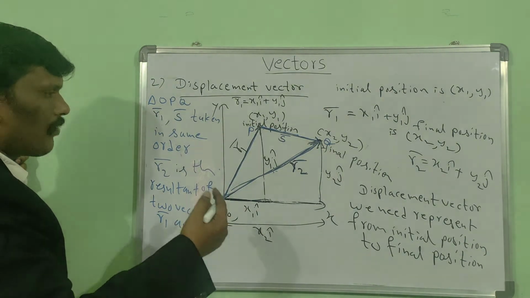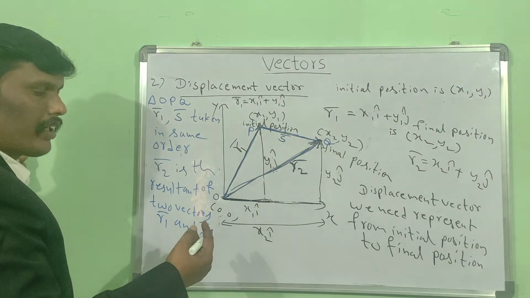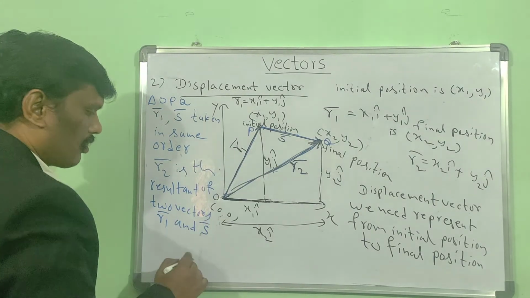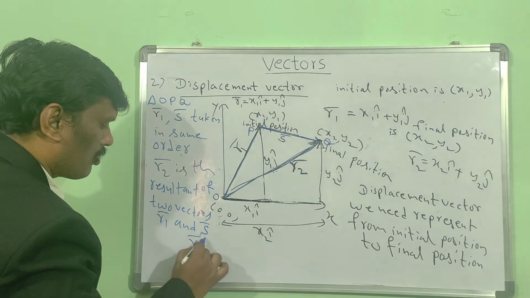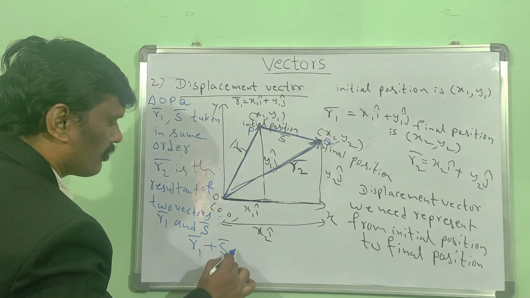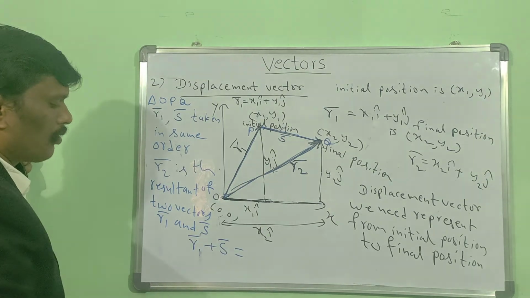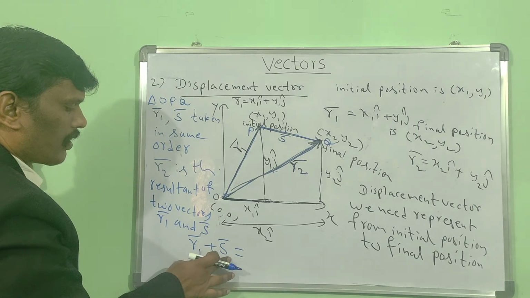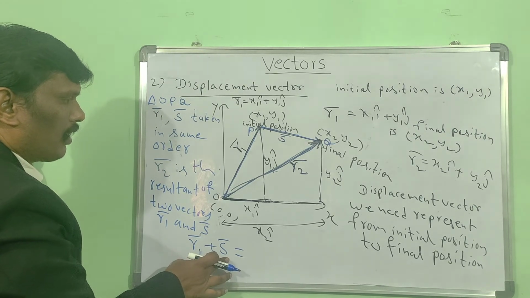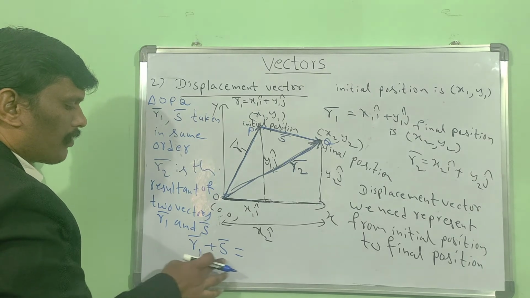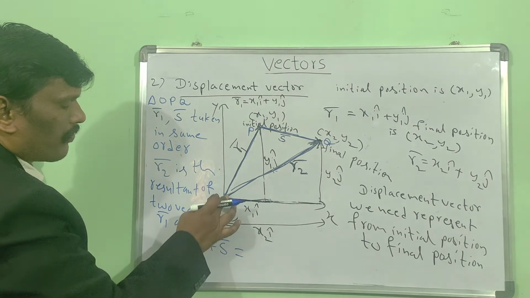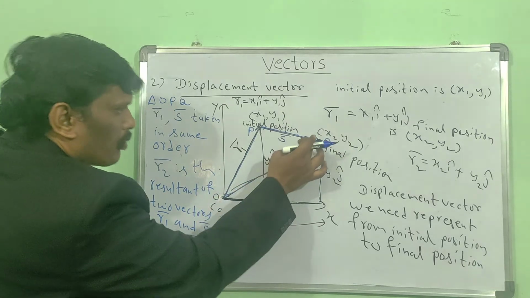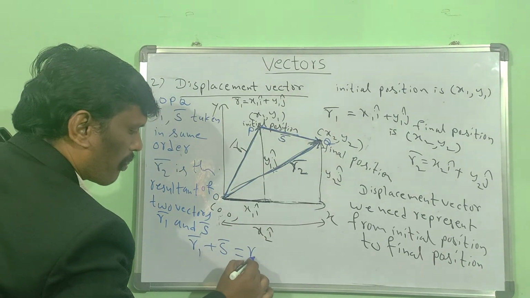Now, what is the formula we need to write from triangle of vector addition? The sum of these two vectors, that is R1 bar plus S bar. Why? Because that is the displacement vector. The sum of these two vectors are represented by two sides of a triangle taken in the same order. Then the resultant of these two is represented by the closing side of a triangle taken in the opposite order, that is here R2 bar.